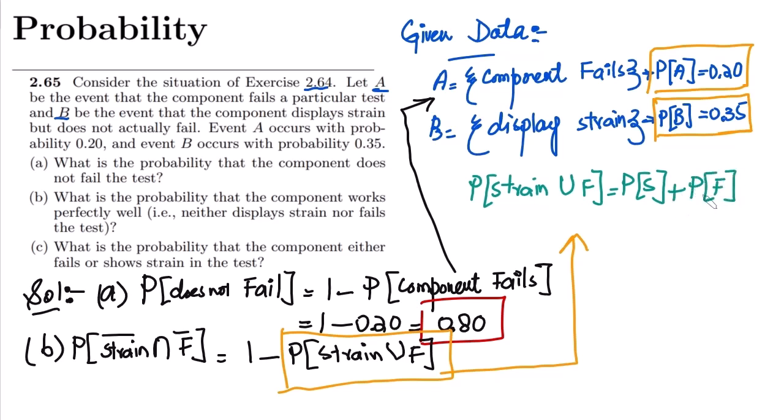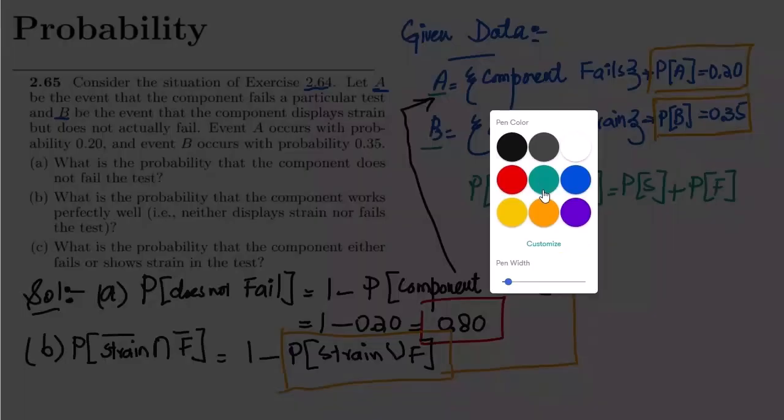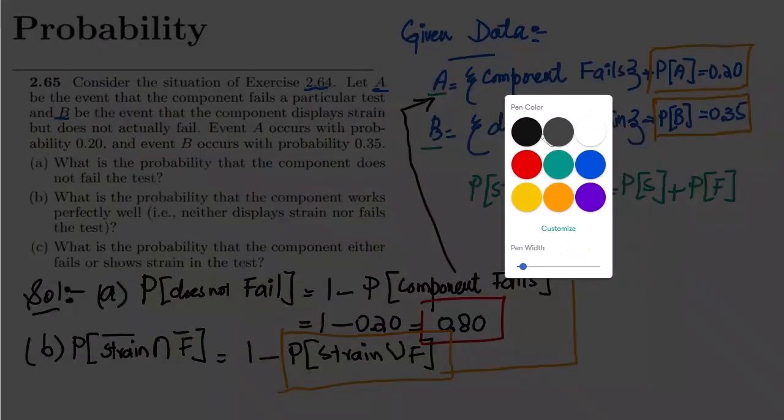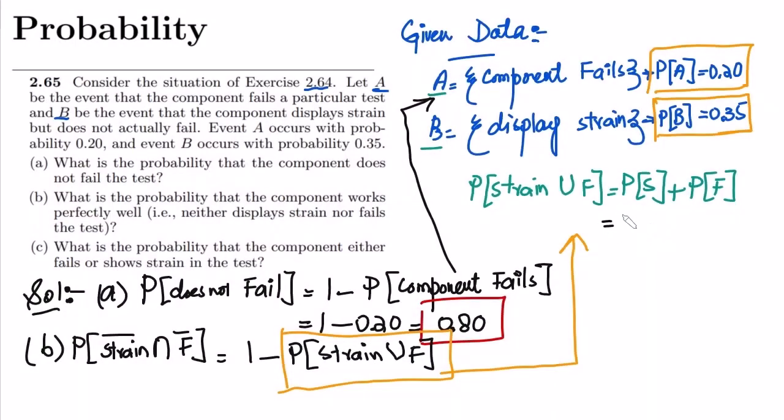Both of them are given here, and these are the event A and event B. Strain is the event B. So let me write their values here. It will be the probability of B plus the probability of A, which is the failure here, and strain is here.